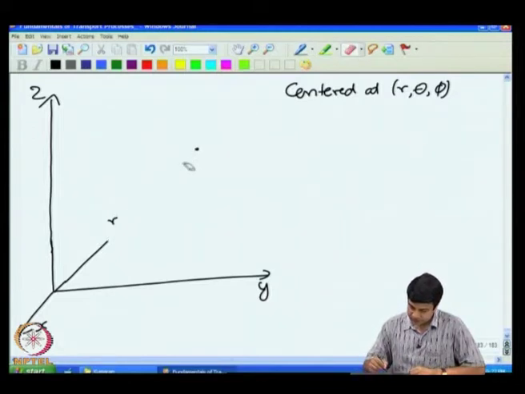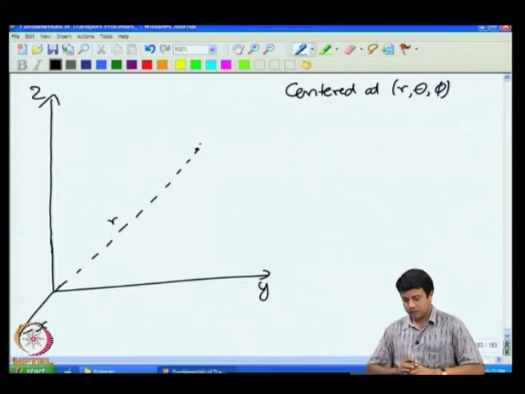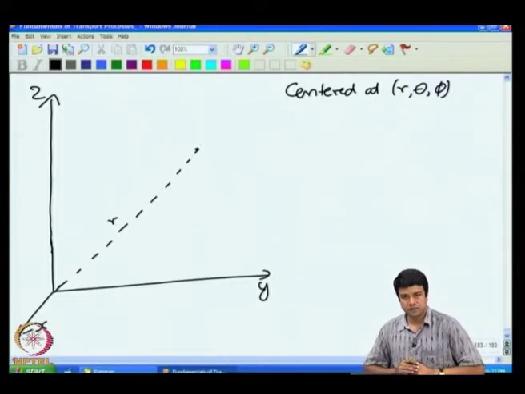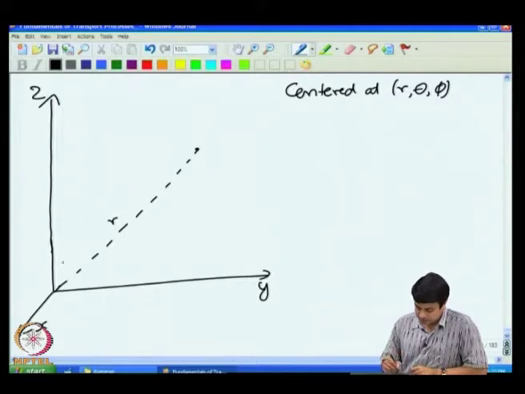That means that it has to be bounded by surfaces at r minus delta r by 2 and r plus delta r by 2, theta minus delta theta by 2 and theta plus delta theta by 2, and phi minus delta phi by 2 and phi plus delta phi by 2.